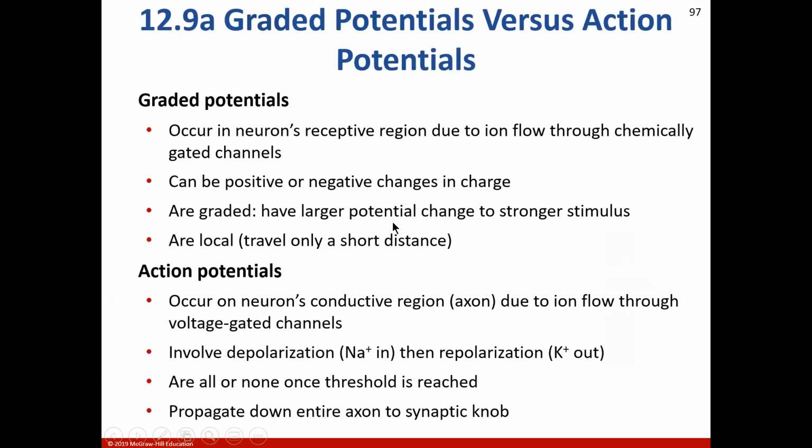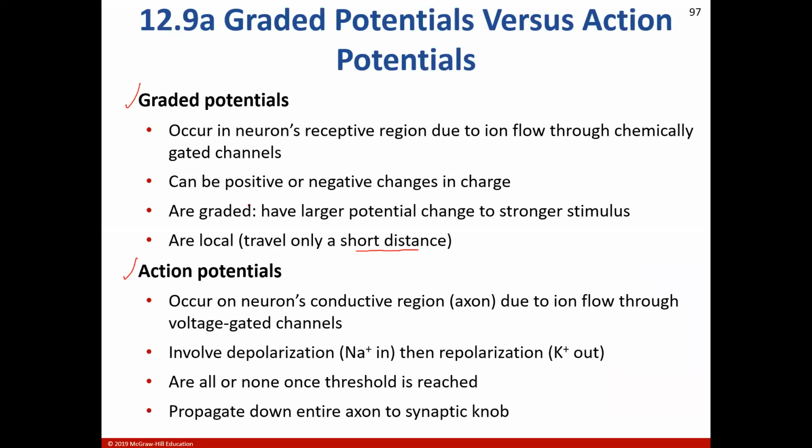All right, so here's a nice little breakdown of graded potentials versus action potentials. You almost get this already. So again, things like traveling a short distance with a graded potential. Let's get some keywords for you here. Both are through gated channels.